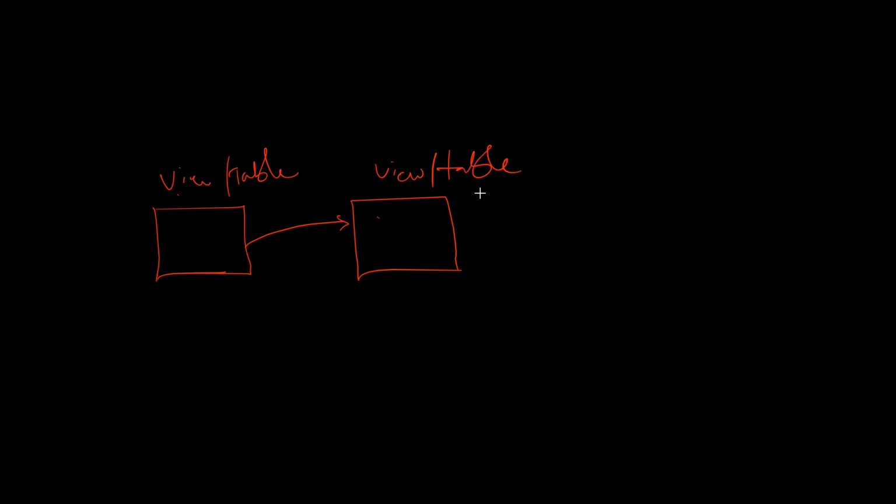From this table, I want to create one more table. This could be either a view or a table. This is the source table, and this is my target table or view.